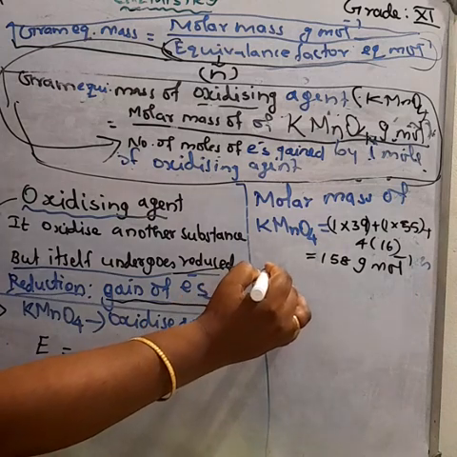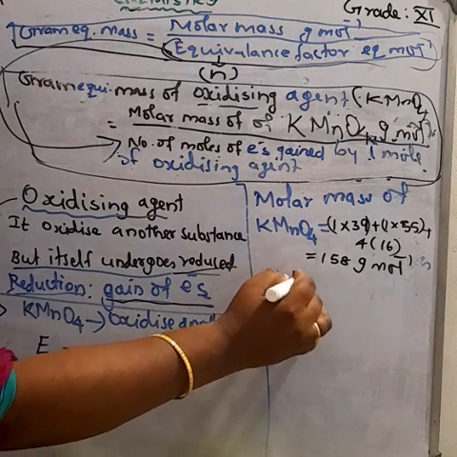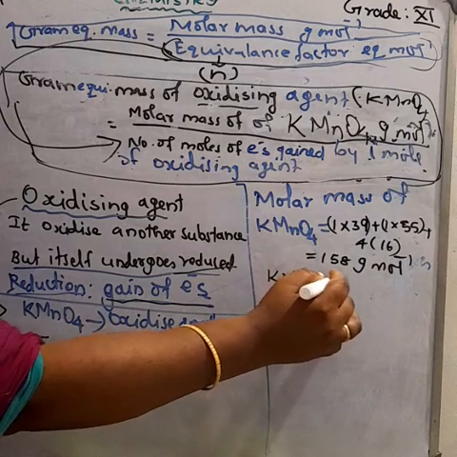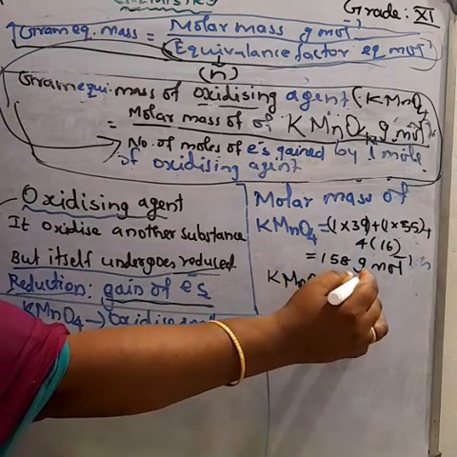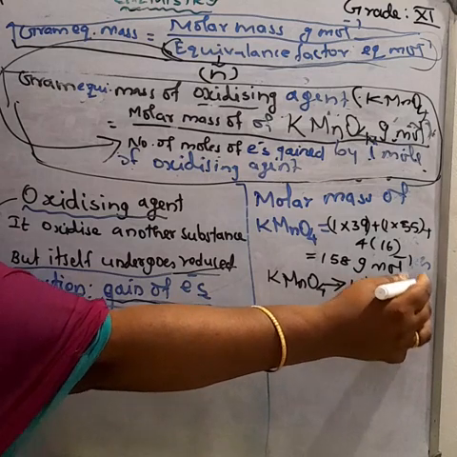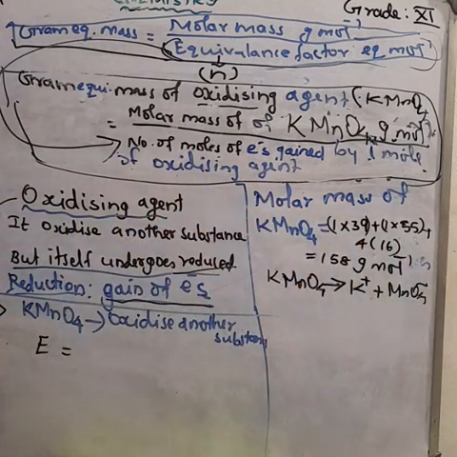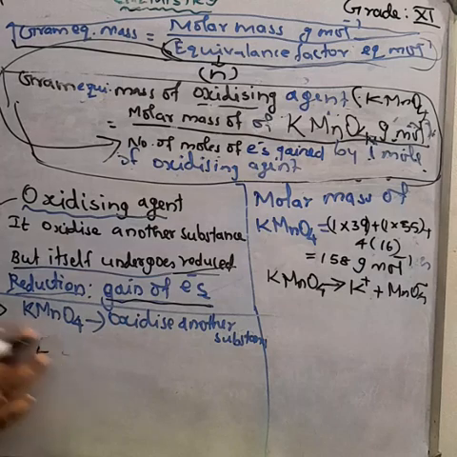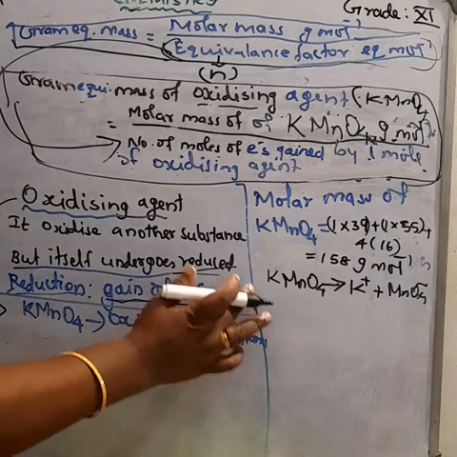How is it reduced? KMnO4 ionizes to form K plus and MnO4 minus. How MnO4 minus gains the electrons is what we are going to study.